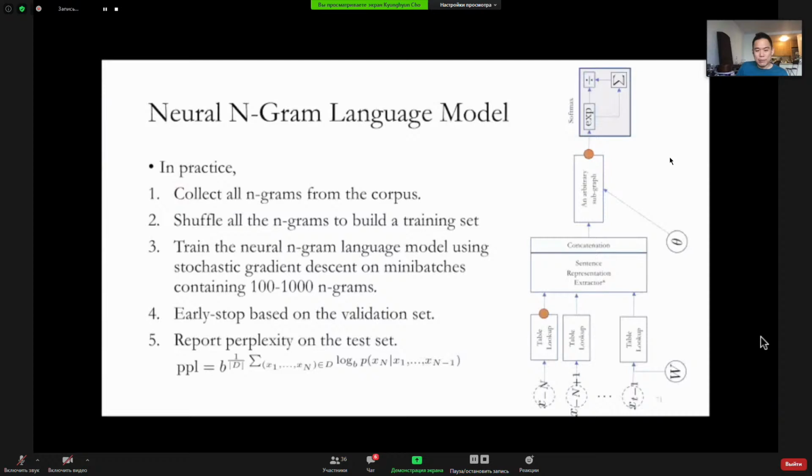One thing that people have relied on a lot is the so-called perplexity. The definition is written down there, and the lower the perplexity, the better. Perplexity tells us, on average, how many tokens I need to go through in this large vocabulary before I find the correct next token.